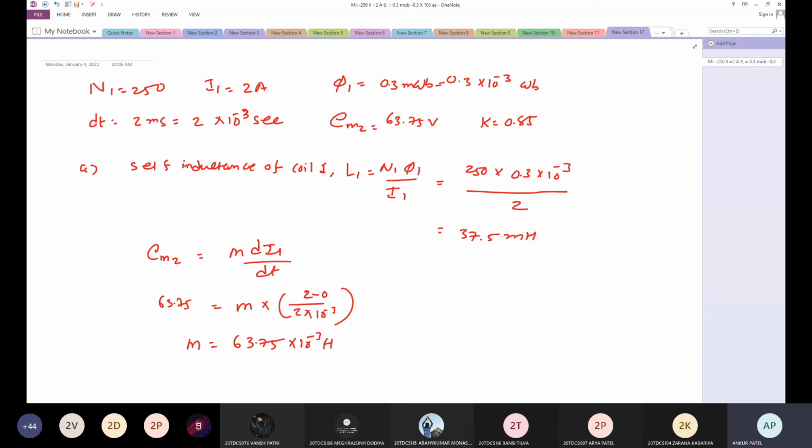So what is the relation to find L2? M is equal to K into under root L1 into L2. Or you can write this K is equal to M divided by under root of L1 into L2. So I can write this under root L1 into L2 is equal to M by K.